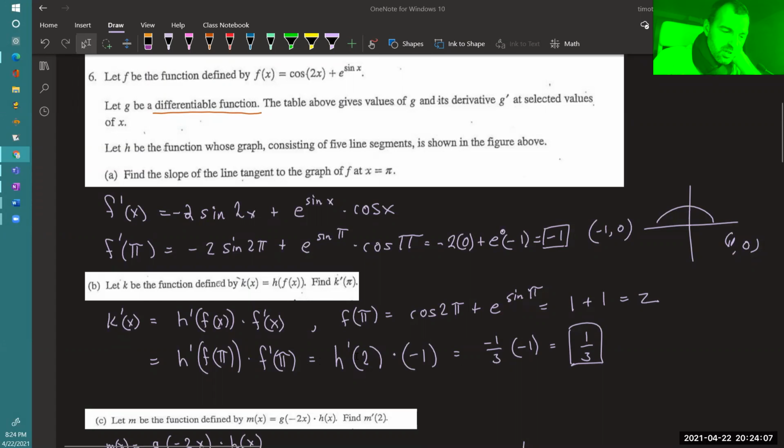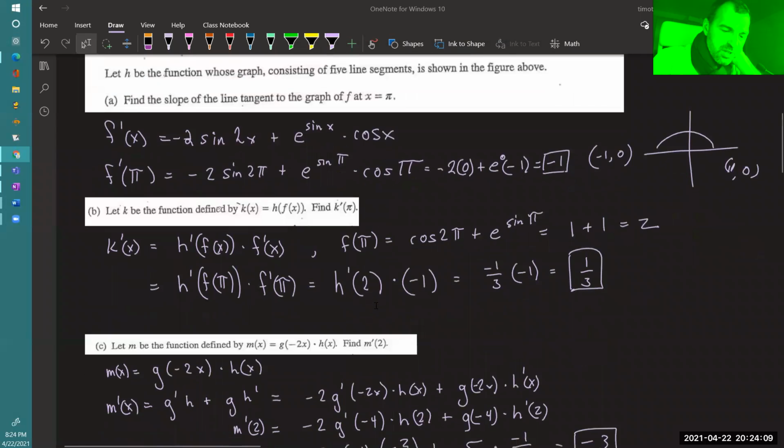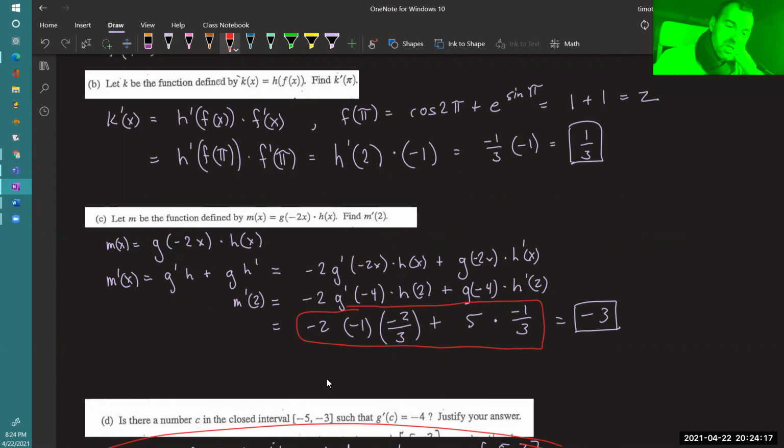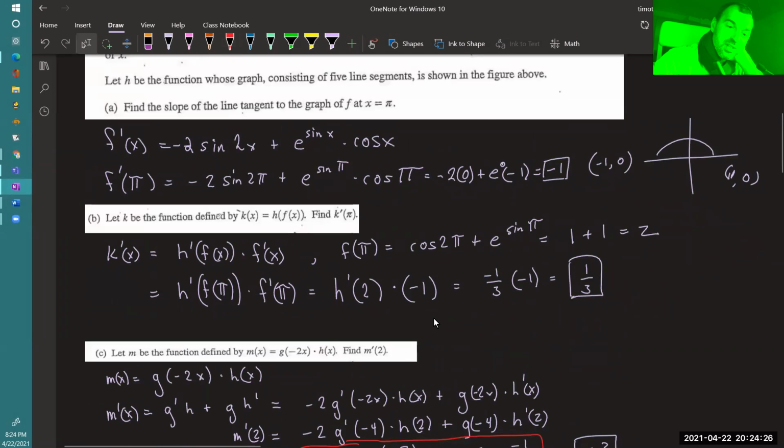I'll mention it here, actually. You see this, as far as I know, this could be considered a correct answer, okay? Right there. Now, I wanted to also mention this is not a correct answer just yet. So they want you to figure out things like cosine of 2 pi and sine of pi.